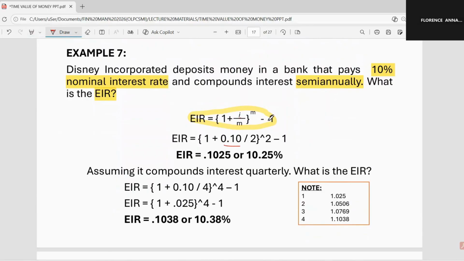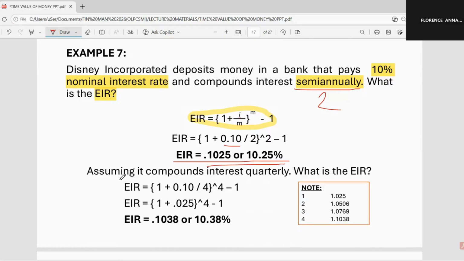It's 10%. Magkano ang compounding? It's 2 because semi-annual. Raised to 2 less 1. So, magkano yan? 0.10 divided by 2 plus 1 times 1.05, you'll get 1.1025 minus 1, you'll get your EIR as 10.25%. Clear?